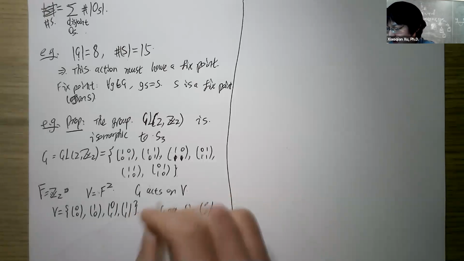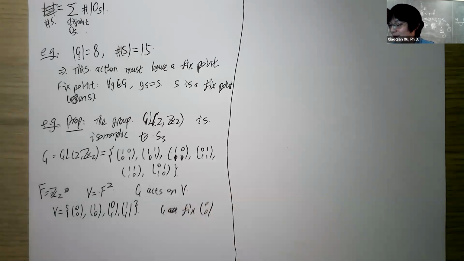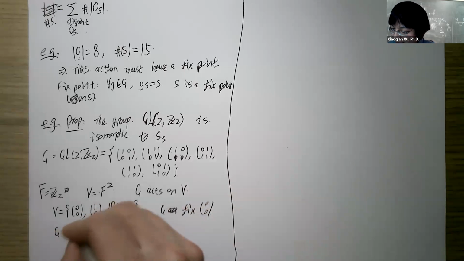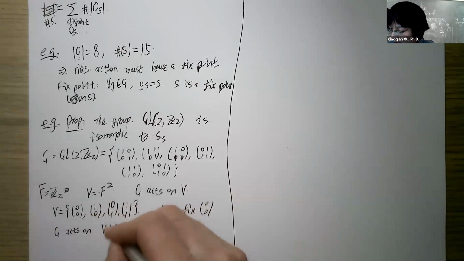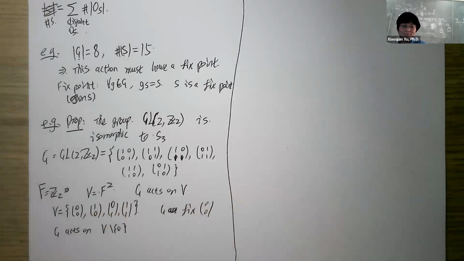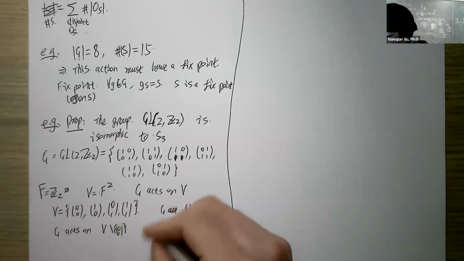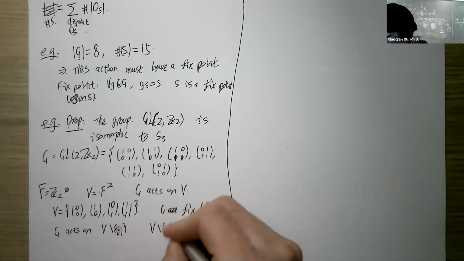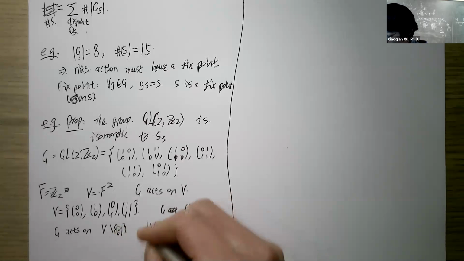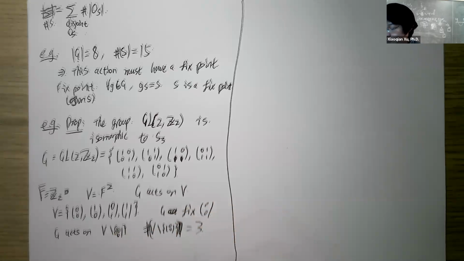So instead of G acting on V, we can say that G acts on V minus 0. And the number of elements in this set is 3.